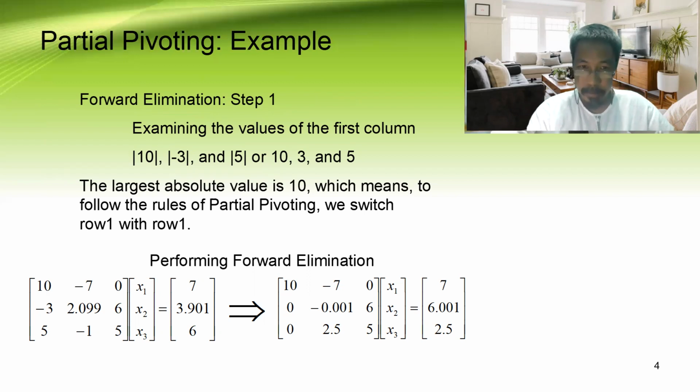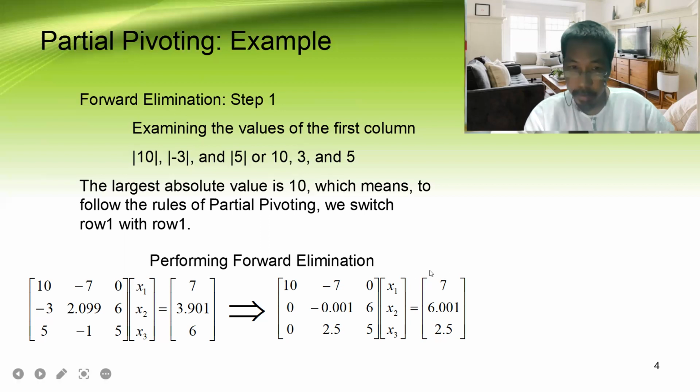Okay, so doing that, we have the following result for the first forward elimination, meaning we eliminated the first terms of both the second row and the third row. So we have this one.